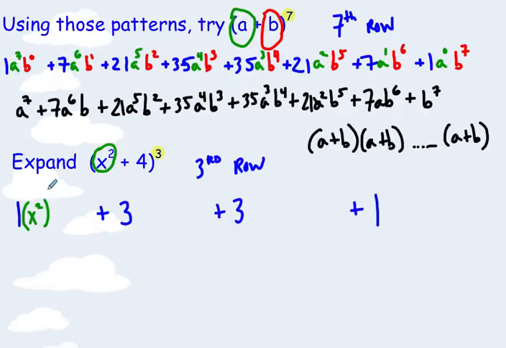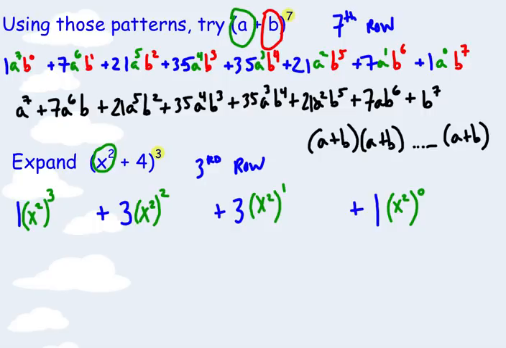So it's going to decrease. It's going to start with the highest exponent of 3 because this highlighted number here is a 3. So then the next one will be an x squared, and the exponent will decrease to a 2. And then the next one will be an x squared, and the exponent will decrease to a 1. And then it'll be an x squared, and the exponent will decrease to a 0.